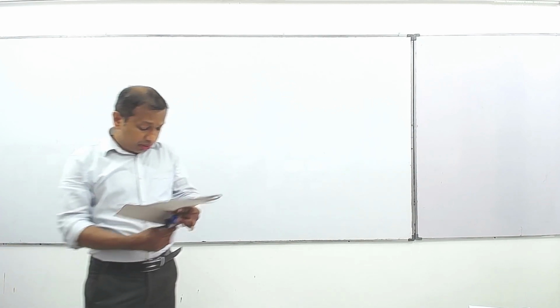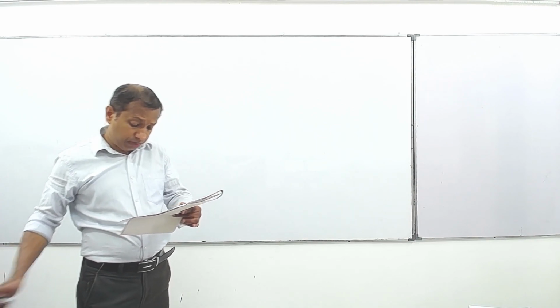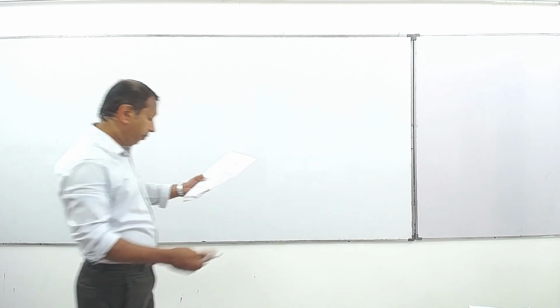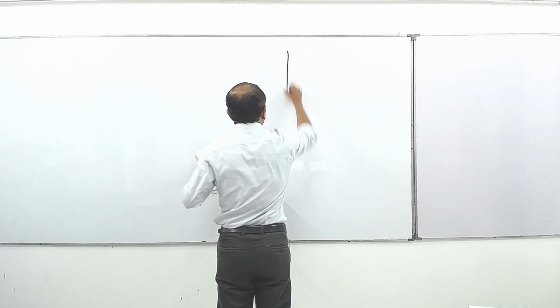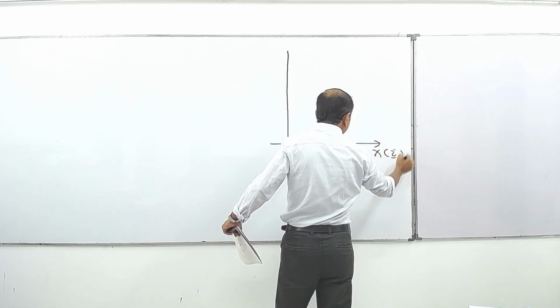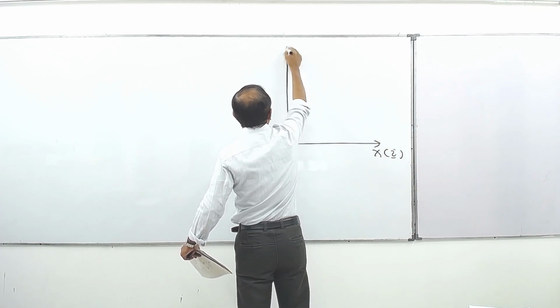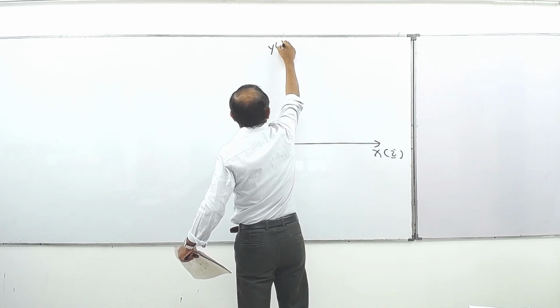Number 10 says let A and B be two points with position vectors i plus 2j, 3i plus j. X-axis, you know, along this unit vector i, y-axis here, unit vector is j.